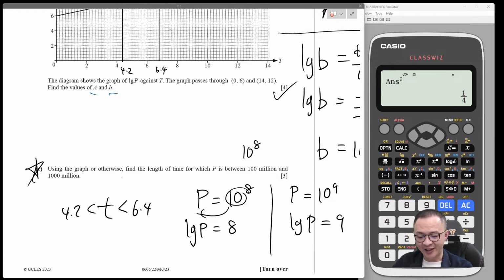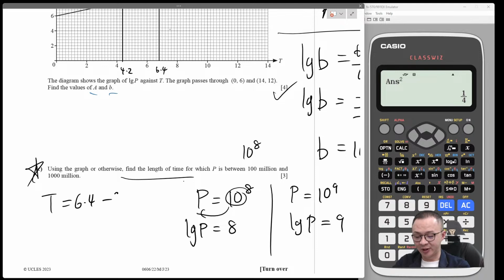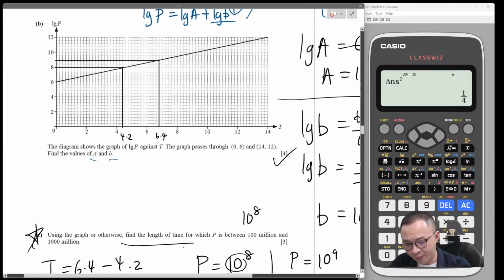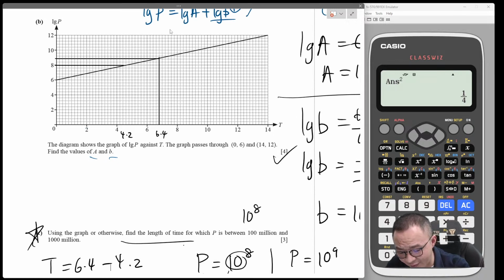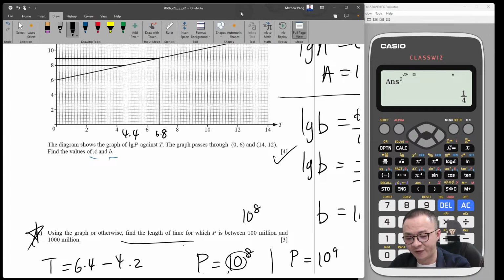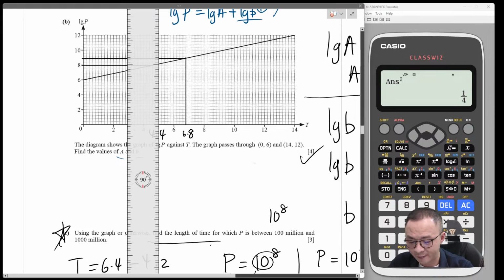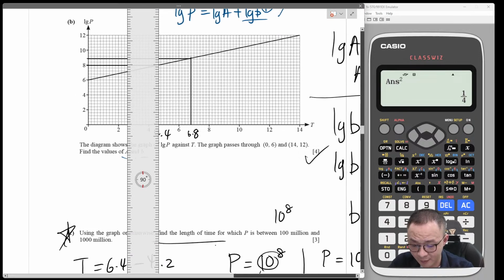They asked me to find the length of time, right? So length of time, I just take the largest minus the smaller. Is it 4.2 or 4.4? I think it kind of touches 4.4. Oh, sorry, this is 6.8. I think 4.4 is slightly more accurate.